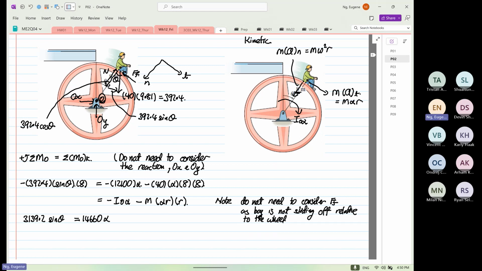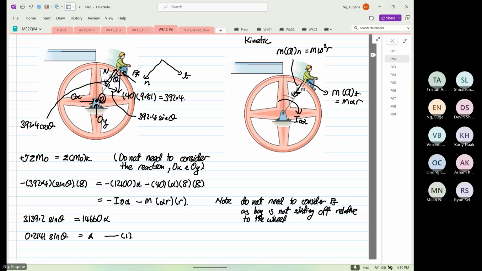And then just to make things in terms of alpha, this will be equal to 3139.2 divided by 14660, 0.2141 sine theta. So from here, this is our equation number 1.